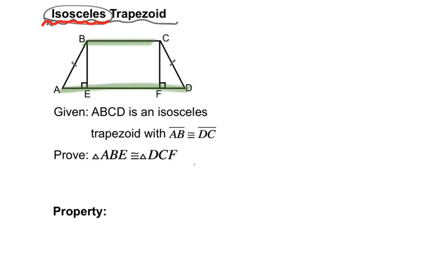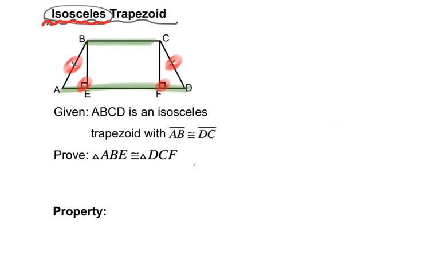All right, and then they told us that AB is congruent to DC. We want to prove that triangle ABE is congruent to DCF. We already know that a pair of sides are congruent and a pair of the angles are also congruent.